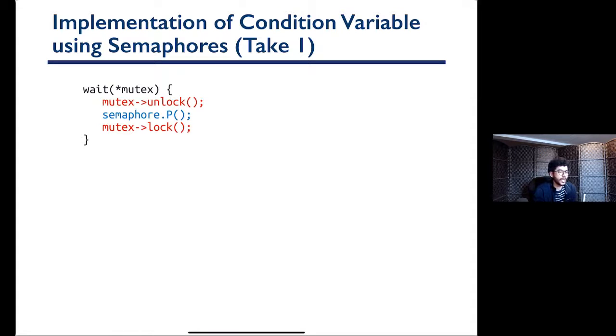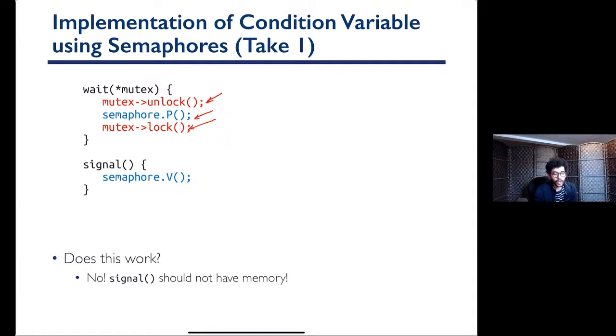So the first take, the naive implementation, would be for wait to just unlock the mutex, then call P with the semaphore that you might have in your implementation. Once you come back, you lock the mutex again. And then for signal, you just call V. Now, what's the problem with this implementation? This implementation is not going to work.